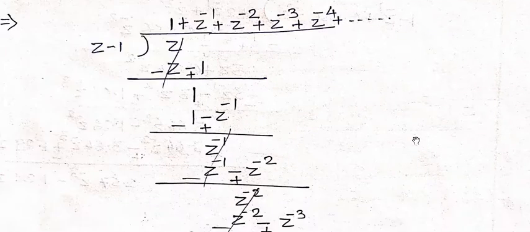So z, if I need to cancel out the z, I need to multiply this z minus 1 by 1. So 1 into z, that is z, 1 into minus 1, that is minus 1, so it will be z minus 1. To cancel out the z, the sign will be changed to plus. So z minus z will be cancelled, and this will be 1.